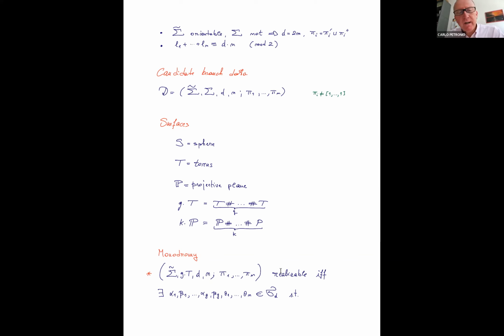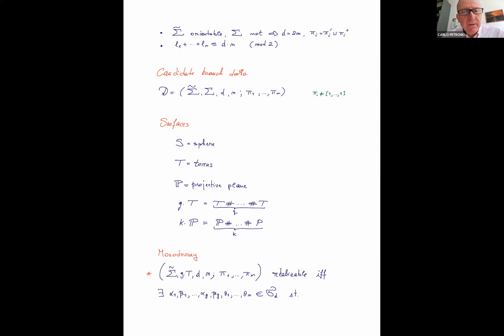So given f, I construct this combinatorial datum, and vice versa. If I start from a set like that, sigma twiddle, sigma, D, n, pi_1 to pi_n, I call it a candidate branch datum if it satisfies the necessary conditions. By convention, I exclude the trivial partition, so n is the real number of branching points downstairs.